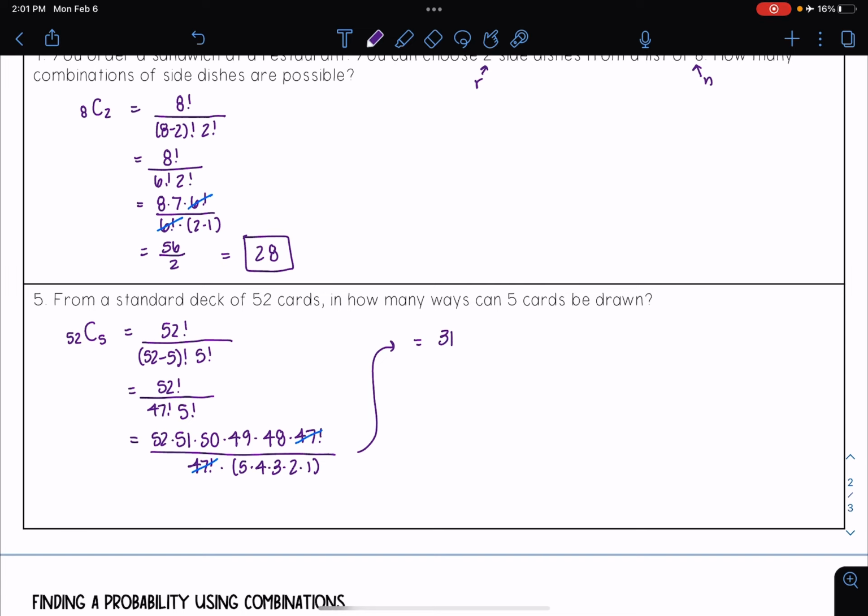I get 311,875,200 over 5 times 4 times 3 times 2 times 1, which is 120. So 311,875,200 divided by 120, I get 2,598,960 ways.